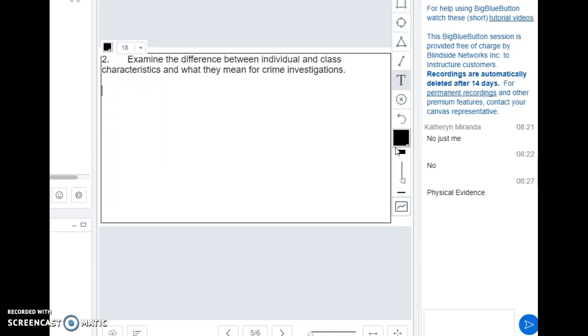So actually three things if we're giving examples. What does that mean?